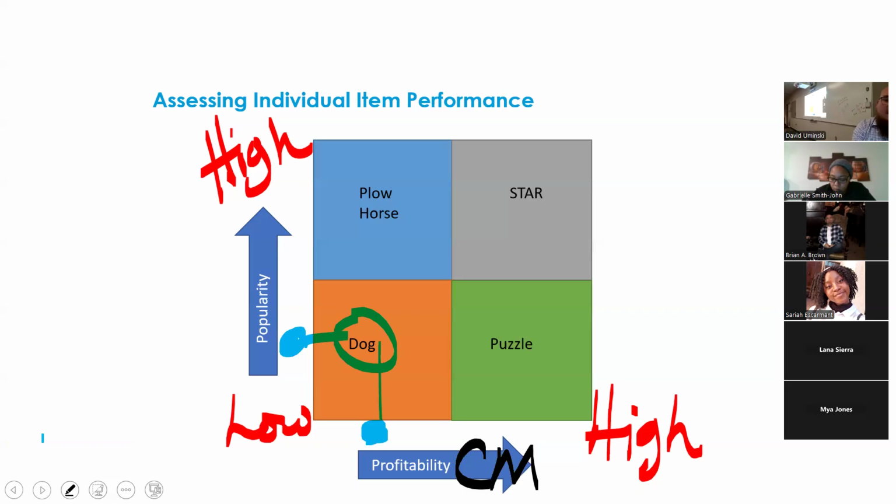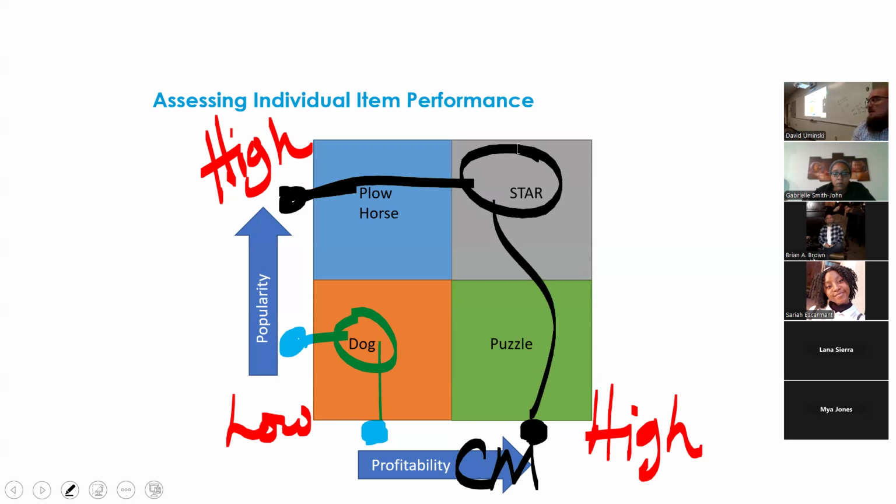If we have high contribution margin, okay? And if we have a high popularity, where these lines intersect is the star. If we have high popularity, but it's low contribution, it's low profitability, these lines intersect at the plow horse.